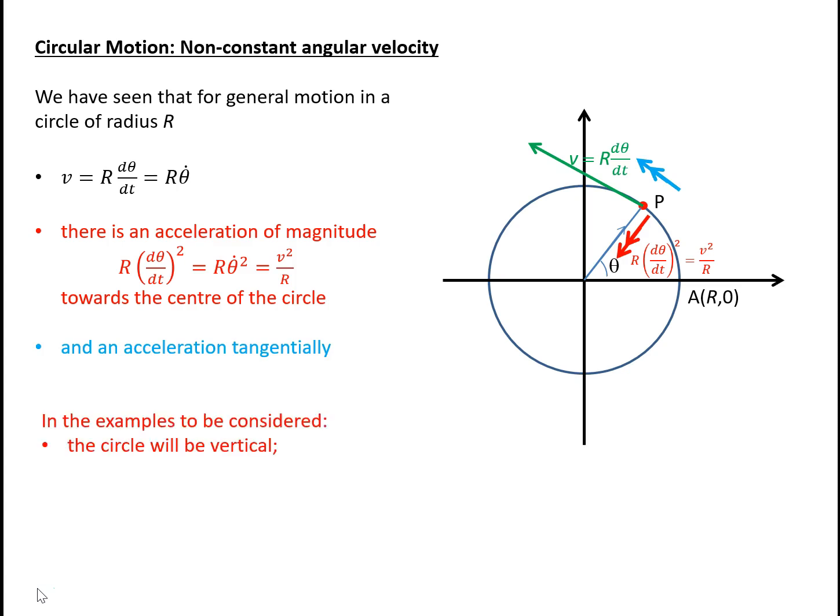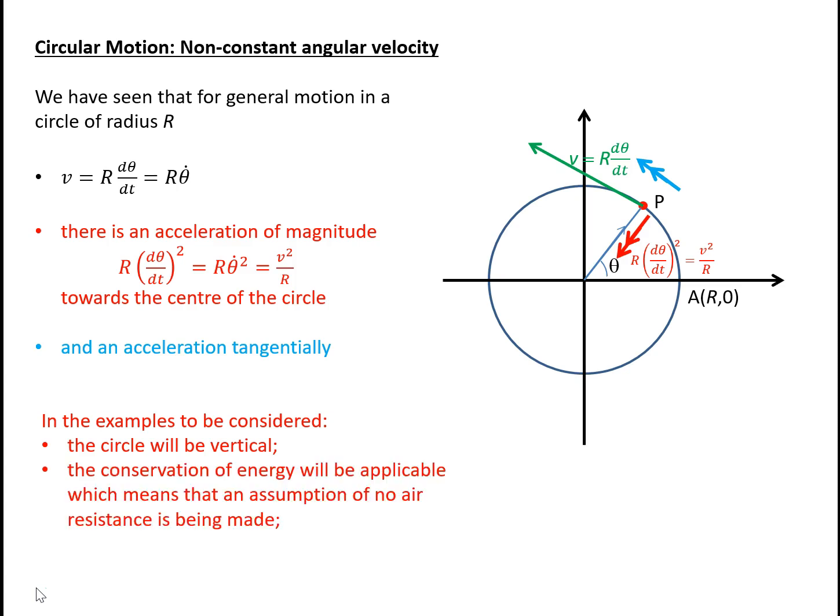For all the questions that we're going to be looking at, the circle is going to be vertical, and we're going to start the solution by applying the conservation of energy. Now, to apply the conservation of energy, we are certainly going to need to assume that there is no air resistance acting on the particle.